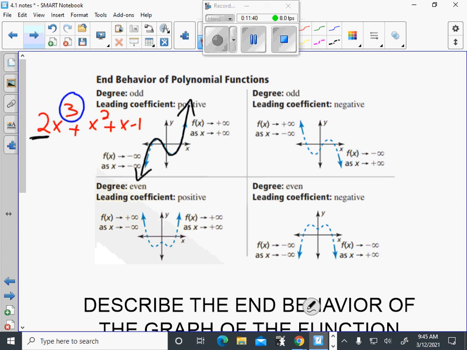That's a positive graph when we have an odd degree. Let's say we had a negative 2x to the third minus 5, whatever. This is where we're going to start in the top left and work our way down.